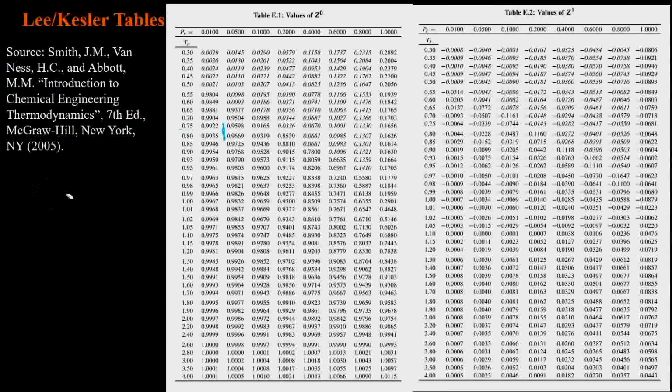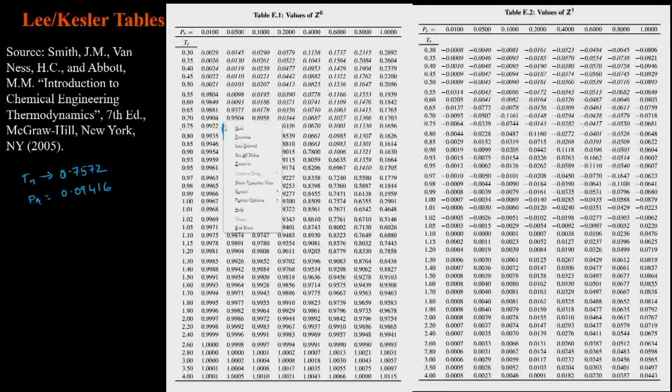The TR for this problem is 0.7572 and PR is 0.09416. So it's going to be in between these two values on the vertical and between 0.05 for PR and 0.1 for PR, right? So it's going to be between these four numbers, somewhere in between there.